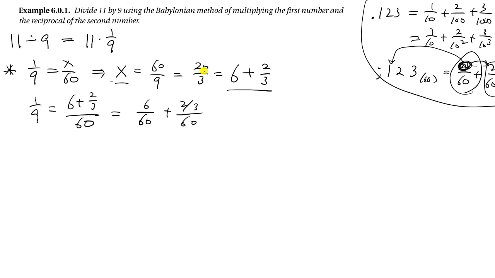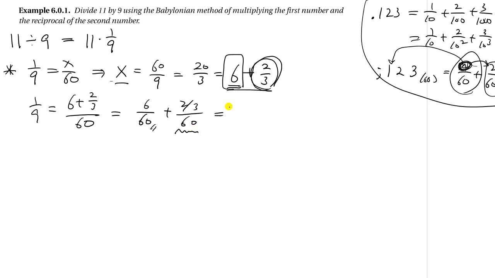So when you have an integer and a number between 0 and 1, the 6 can be the numerator over 60, but this one should be converted to the base 60 squared. So 6 over 60 is good enough, but we need to change this one.